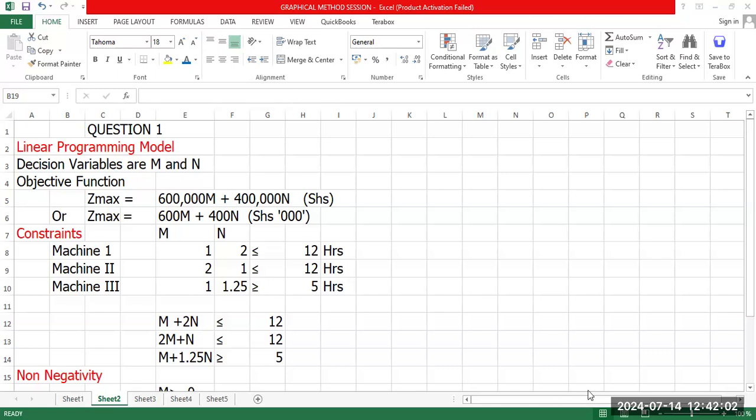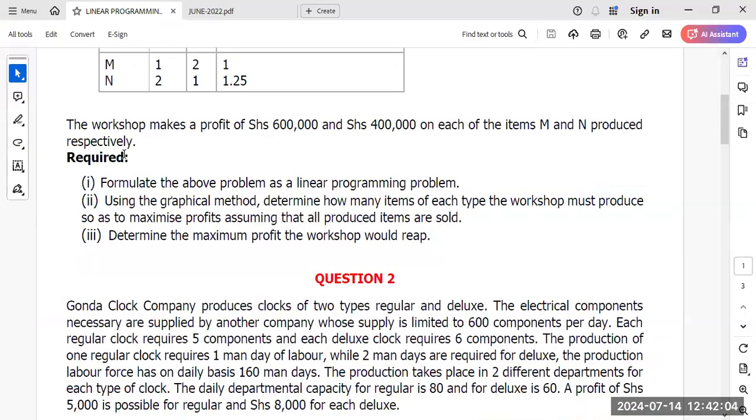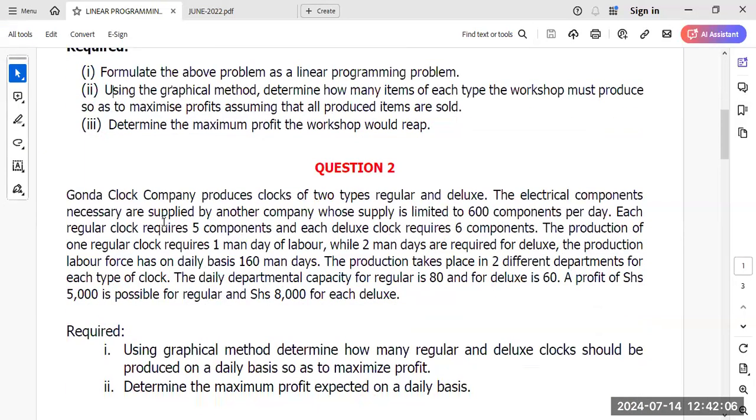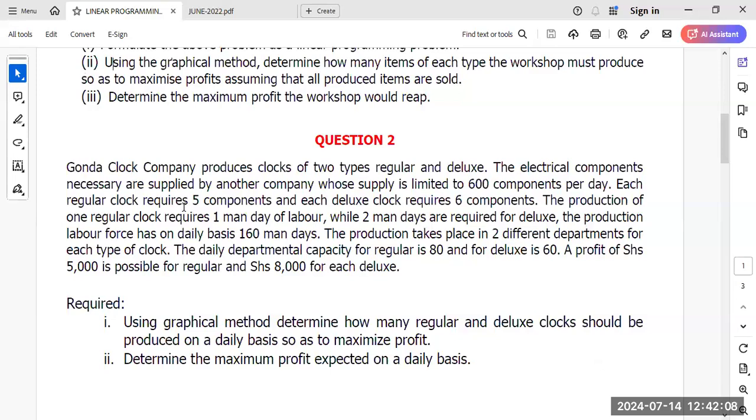For question 2, we are to use the graphical method to determine how many regular and derivative clocks should be produced on a daily basis so as to maximize profit. So the objective is also to maximize profit. But you cannot determine that without a linear programming model.